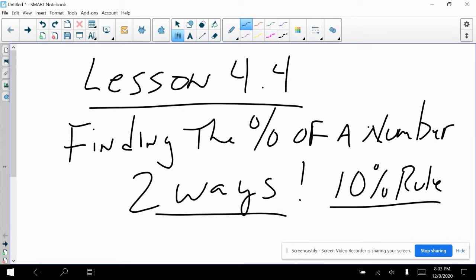All right, the other way is finding it by using a decimal, which was back in chapter 3. I believe it was lesson 3.2 and 3.3, multiplying a whole number by a decimal. Those are the two ways that we can find the percent of a number.